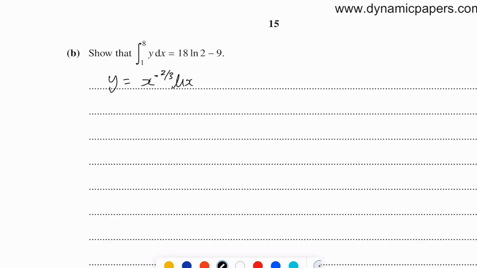So let's write that down. Therefore, what we're really showing is that this integral is equal to 18 ln 2 minus 9. So if we write our integral here, we have x to the negative 2 over 3 ln x dx.